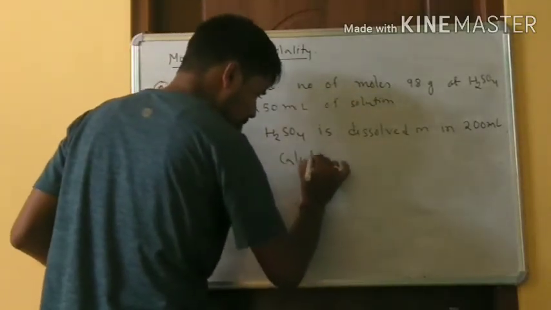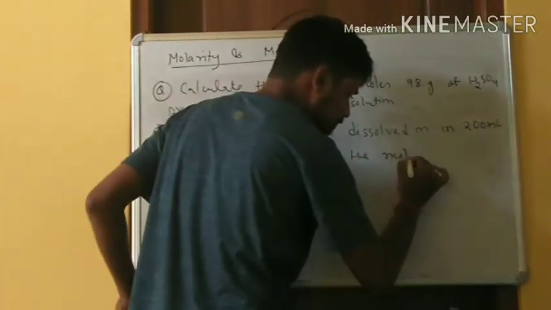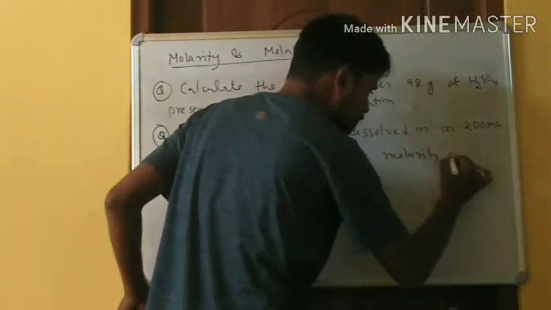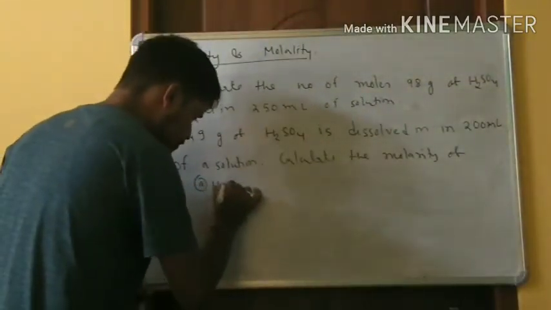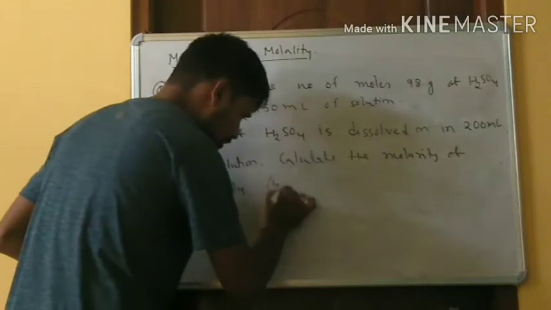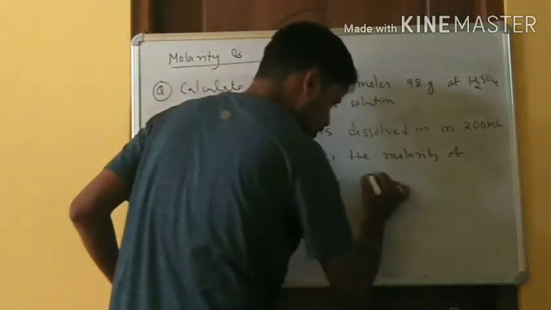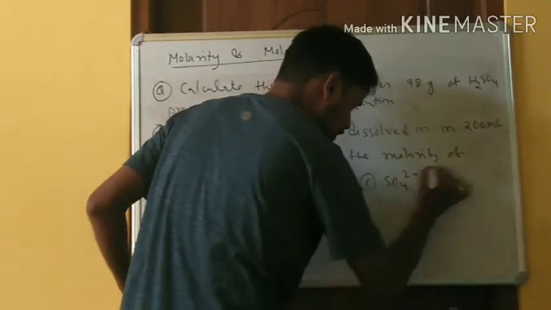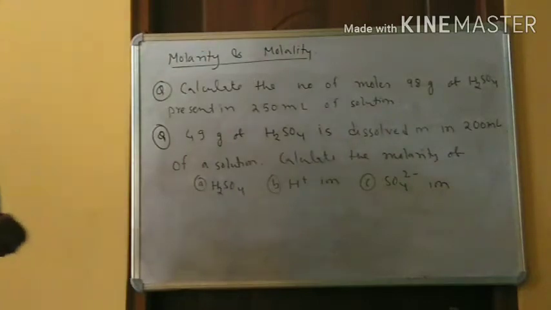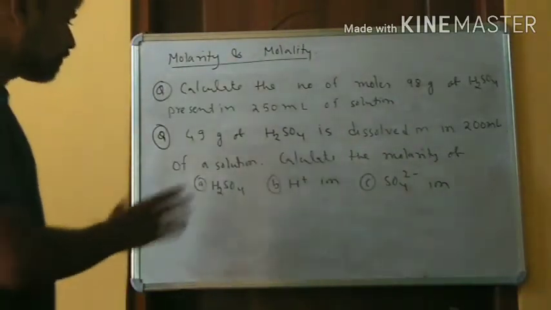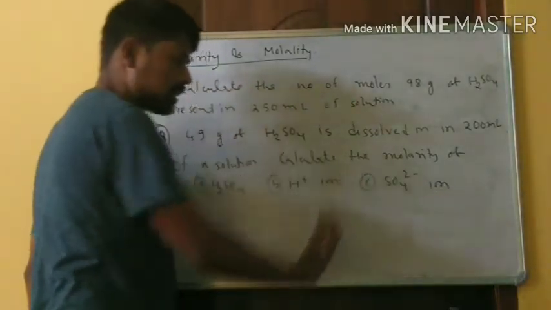Calculate the molarity of A, H2SO4, B, H positive ion, C, SO4 2 negative ion. In this case we have to find the molarity of H2SO4, hydrogen ion and sulfate ion.